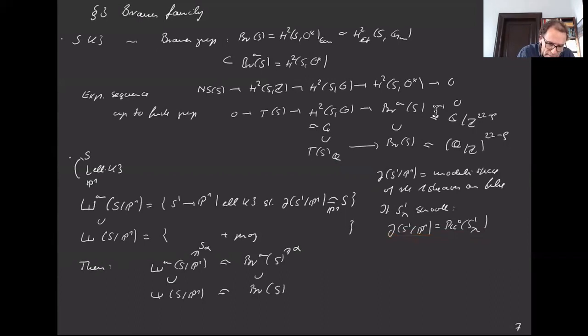This means there is a Poincaré bundle on the product of the fiber of S prime with the Jacobian, the fiber of S, if we are looking at an elliptic K3 surface in the Tate-Shafarevich group.